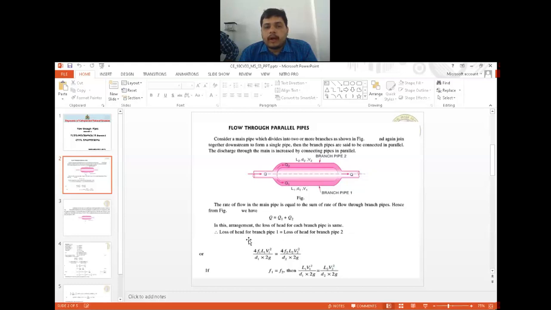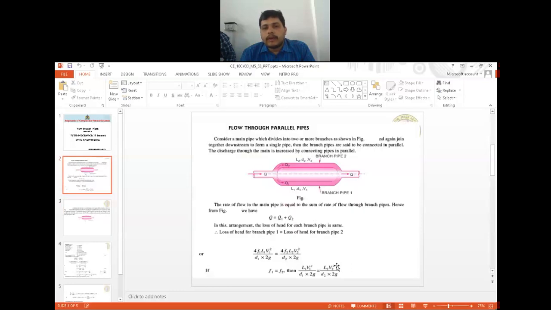For loss of head, we already know Darcy's equation, that is 4F1L1V1 square by 2gD1 is equal to 4F2L2V2 square by 2gD2. Since F1 is equal to F2, then L1V1 square by 2gD1 is equal to L2V2 square by 2gD2.